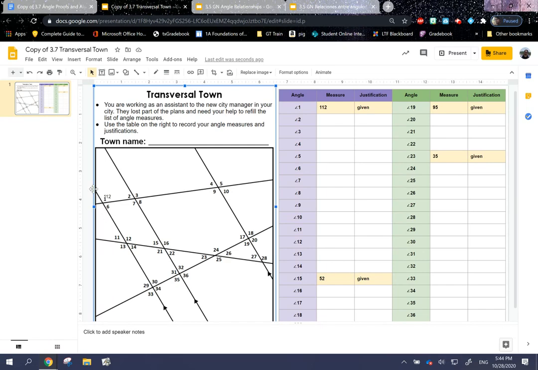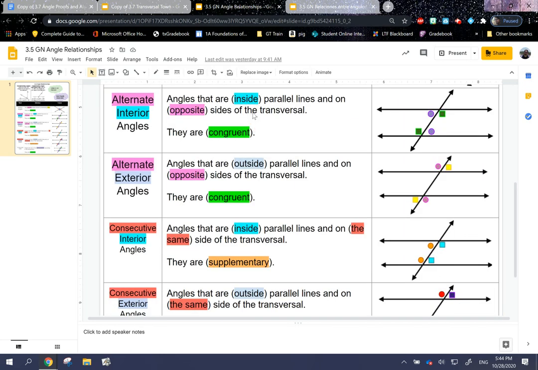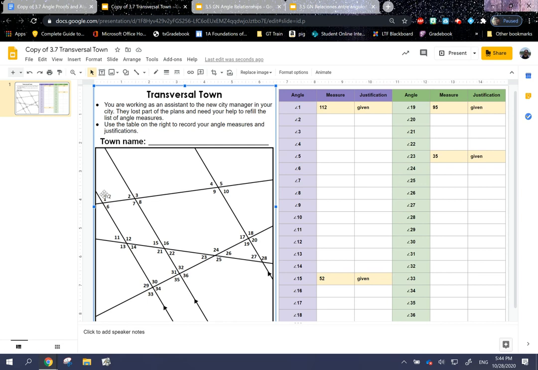Remember, that straight line means a linear pair. And according to our notes, a linear pair is supplementary. They add up to 180. So since I know they add up to 180, I can subtract 112 from 180 to find what angle 6 is.